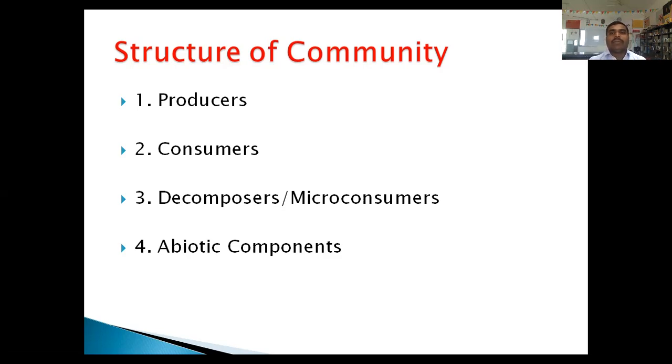Those living members of the ecosystem that utilize sunlight as their energy source and simple inorganic materials like water, carbon dioxide, salt, etc. to produce their own food. Thus, producers are largely photosynthetic plants and their various varieties which are present in the ecosystem.